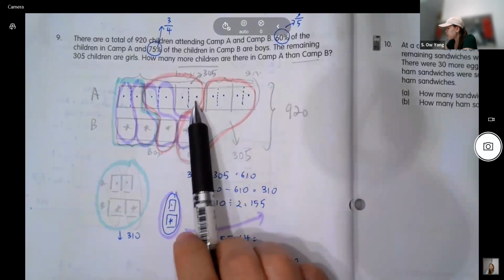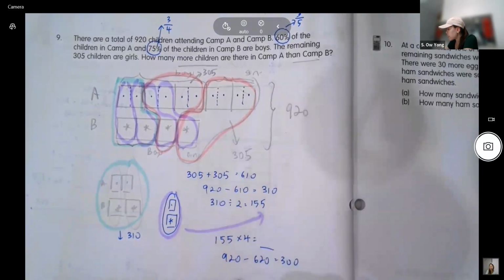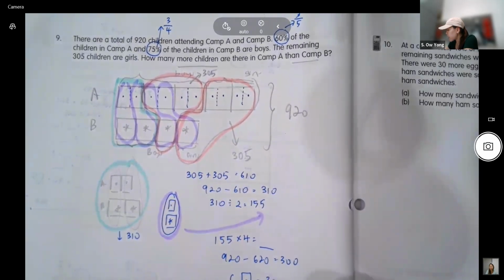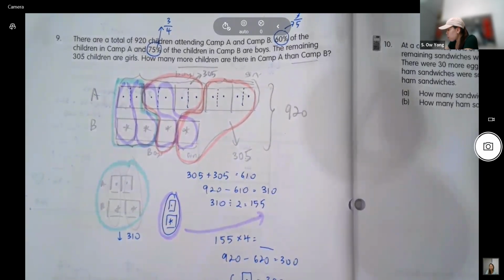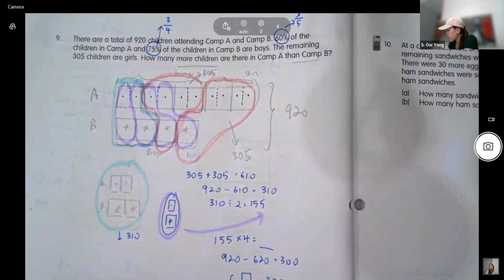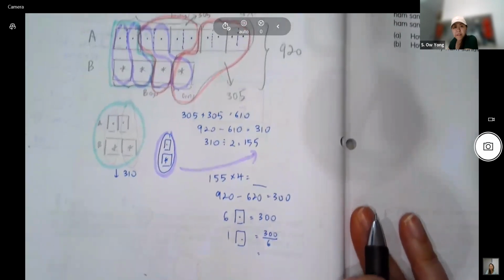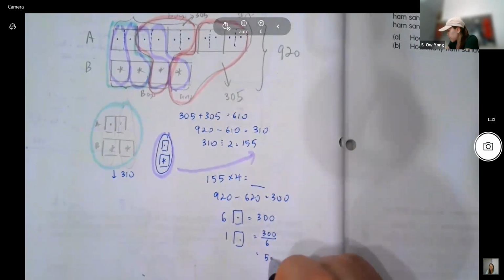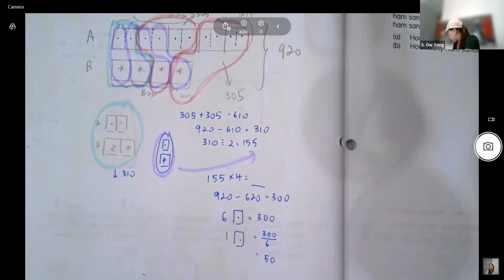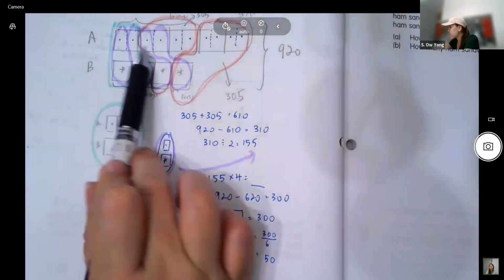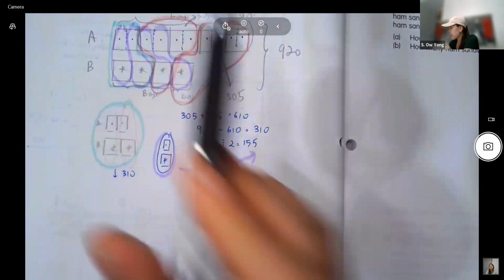Now you see your 1, 2, 3, 4, 5, 6. 6 units of the dot gives you 300. 1 unit of the dot is 300 divided by 6, which is 50.